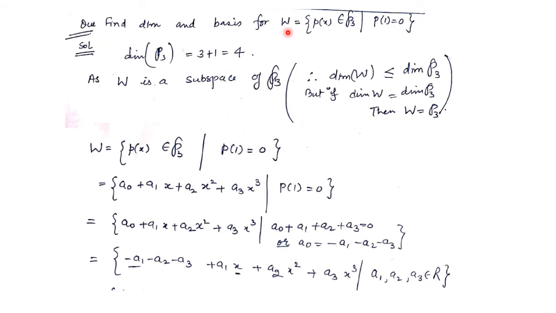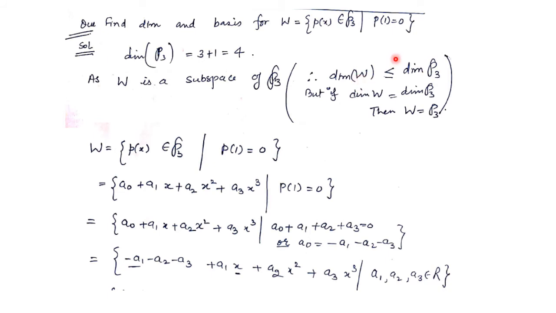So this is a subspace of P3, and we know that the dimension of a subspace is always less than or equal to the dimension of the vector space. If the dimension of the subspace is the same as the dimension of the vector space, then both are the same. Otherwise it is always strictly less than the dimension of the vector space.